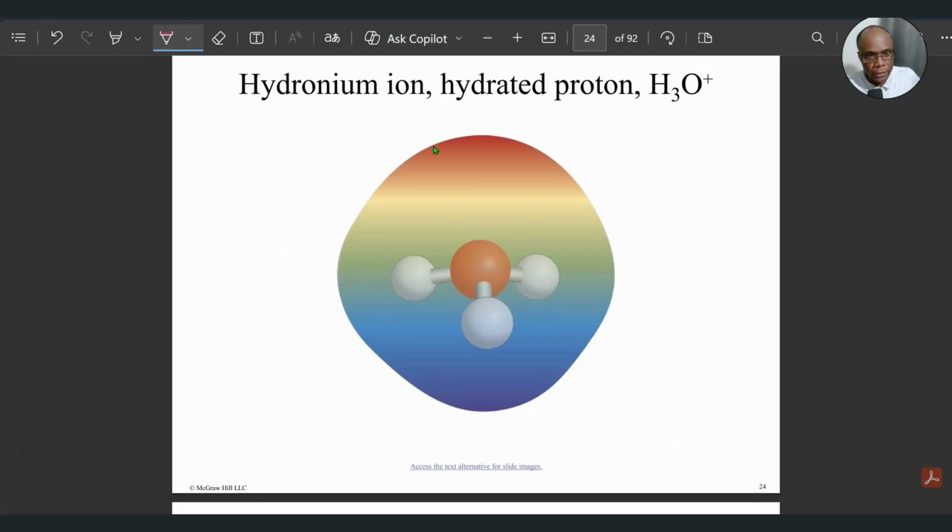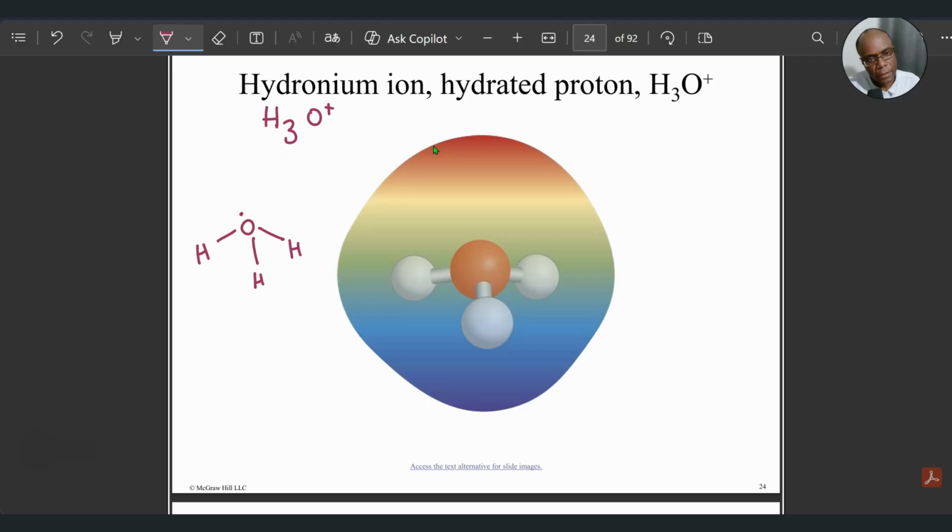So here you're looking at the hydronium ion, which is just H3O+. Alternatively, we can draw it like this, with a lone pair and a plus charge. Of course, dipole moments will point towards the oxygen, making the oxygen electron rich.